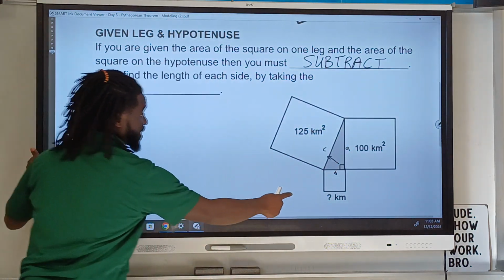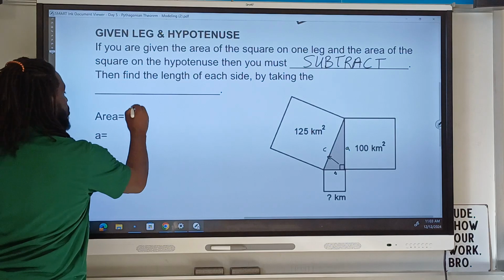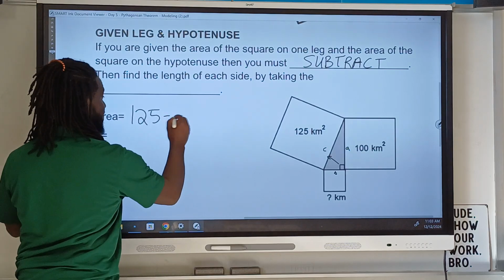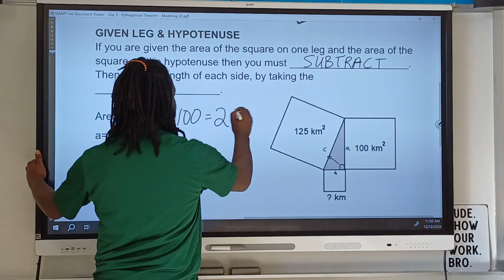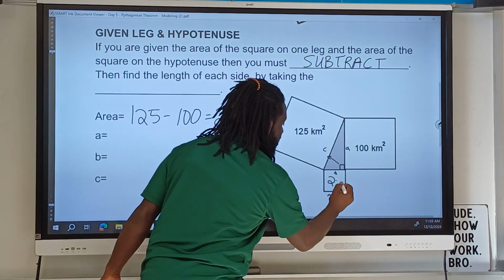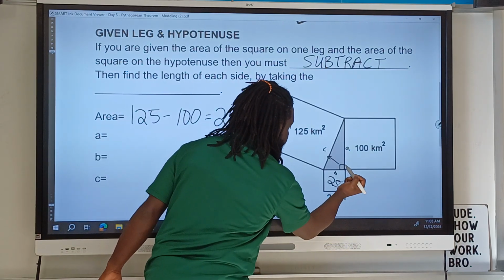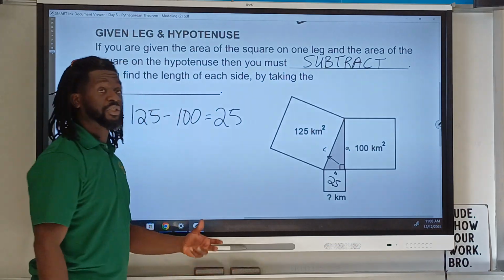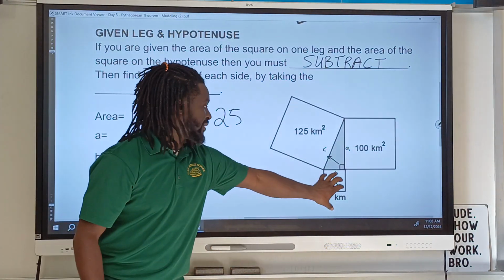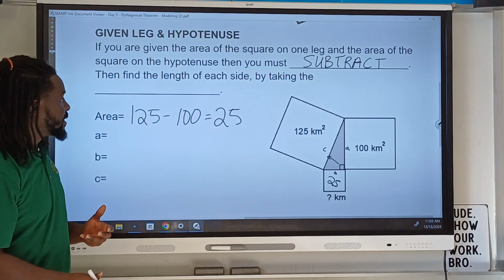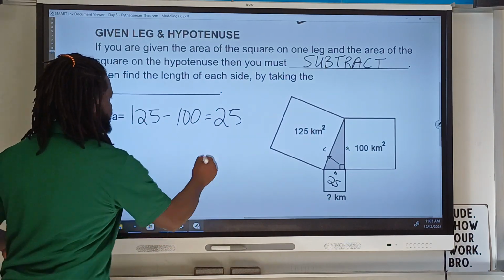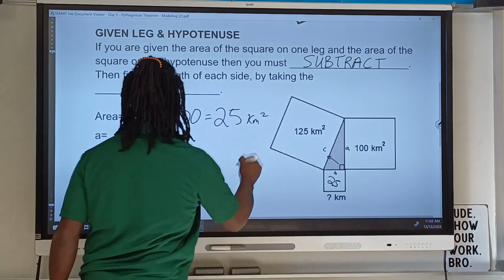So to find the area of this one, I'm going to do 125 minus 100, and that is going to give me 25. So the area of the square along the bottom leg is 25 kilometers squared. We'll put that there.